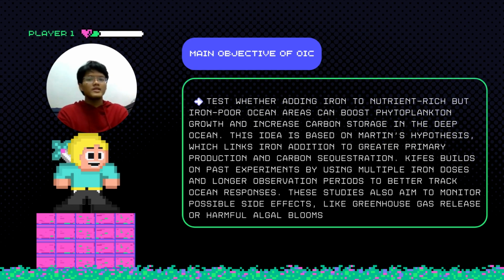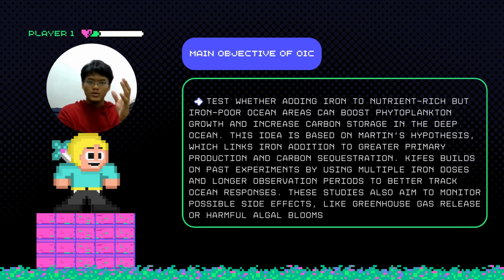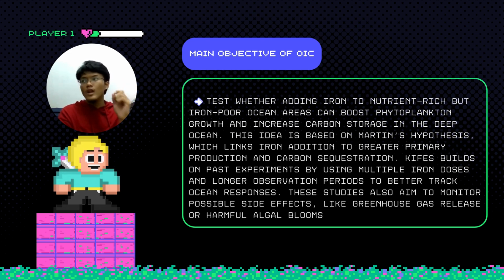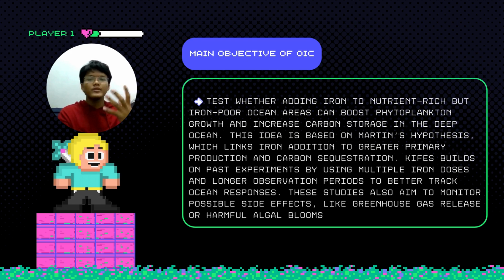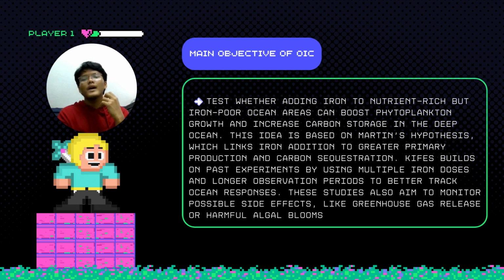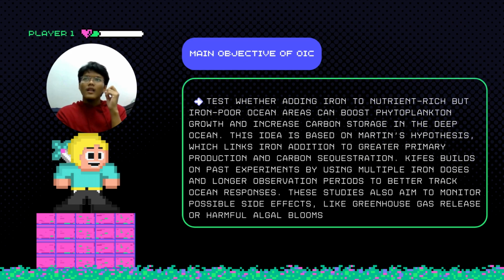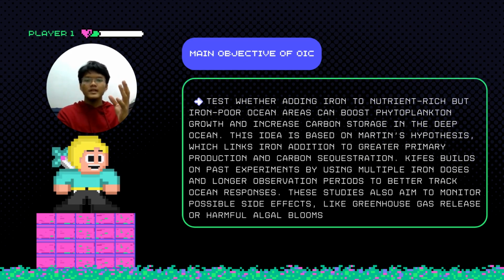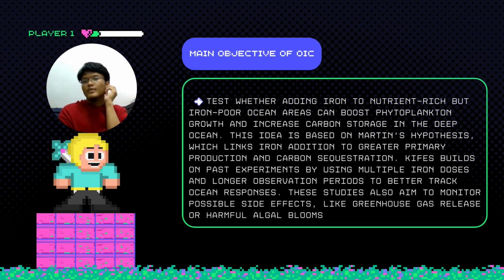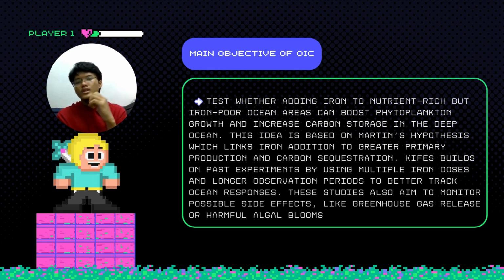The main objective of OIF is to add iron to regions with low iron but rich nutrients. They want to test Martin's finding, which said that production of phytoplankton and greater carbon sequestration can be achieved through the addition of iron into the ocean.